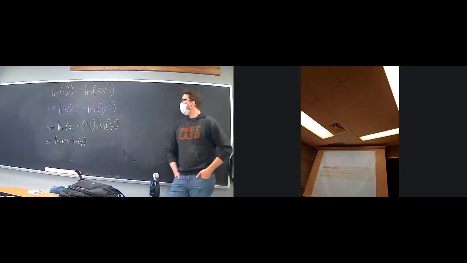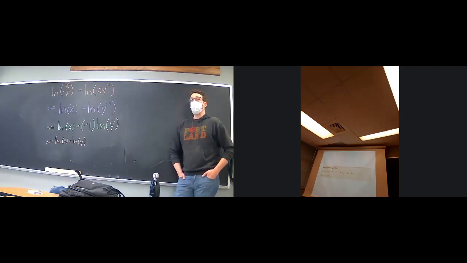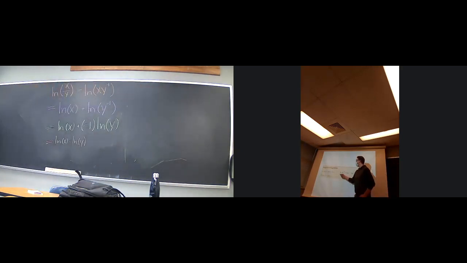Applying the third property, we get that this is the ln of x plus negative 1 times the ln of y, which is just the ln of x minus the ln of y. So really, we only need to memorize property 1 and property 3. Because property 2 is a result of these. Yep.